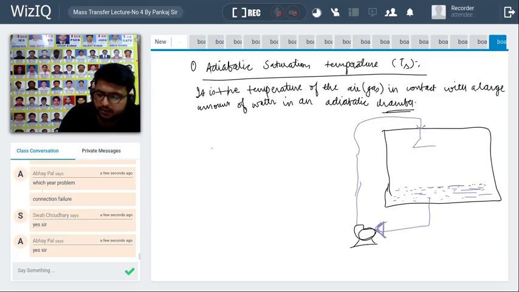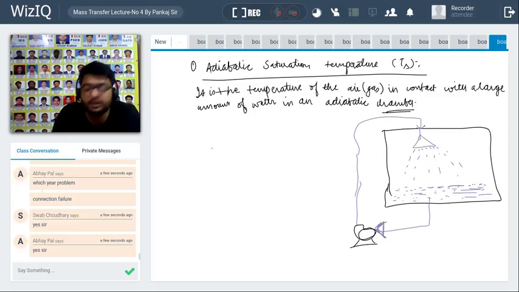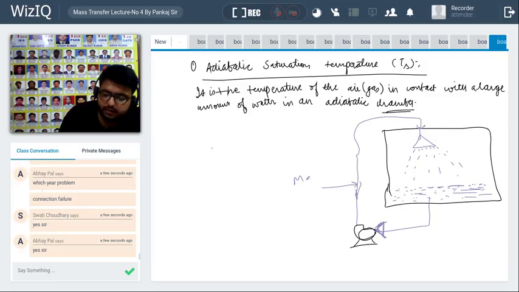We have installed a sprayer like that of your fountain, the apparatus that you use to bathe in the bathroom, similar to that. This is your water, and during the process a little bit of water will get used up, so we apply makeup water.